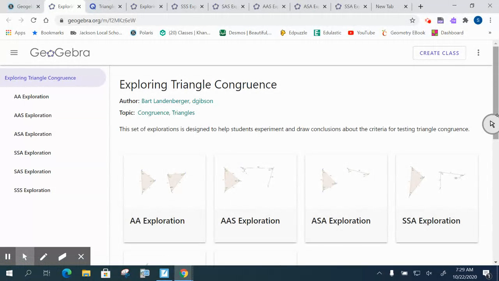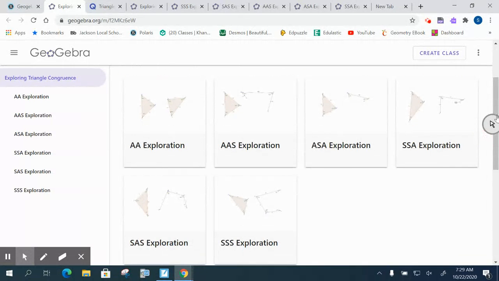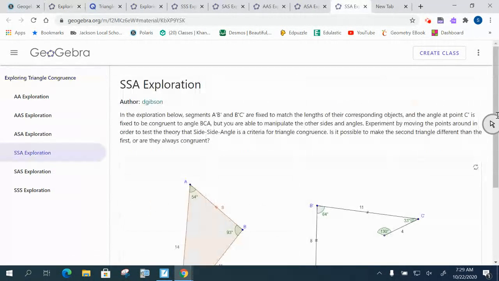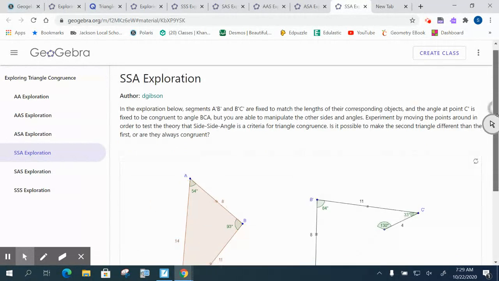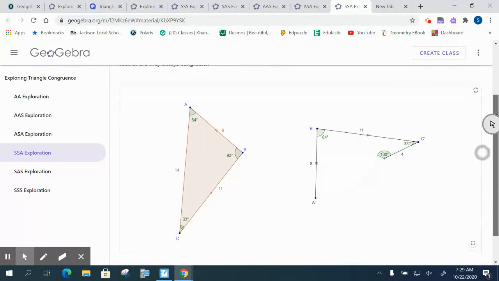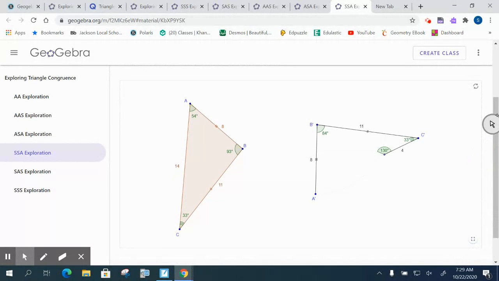you have all of these different explorations. I encourage you to click on each of these and spend a few minutes with them. One of them we'll look at right now is the SSA, just because we said that that wasn't possible. It's not that it's not possible, but it might prove that a triangle is acute or obtuse. So here's the triangle that's set.